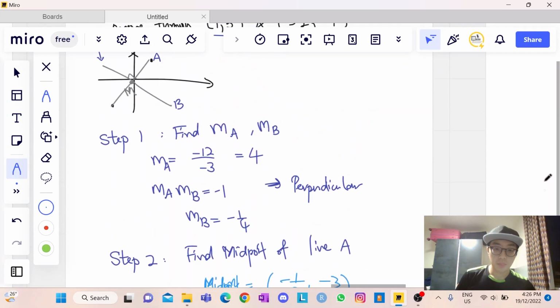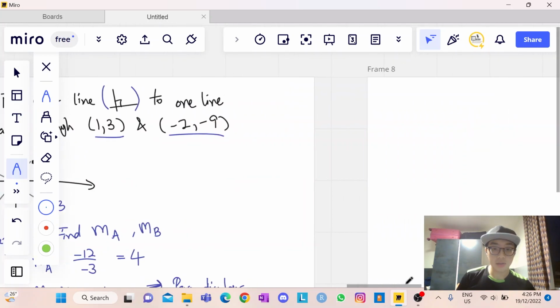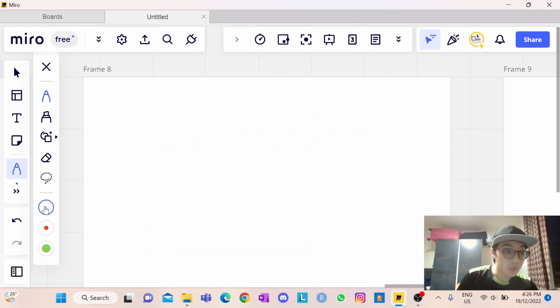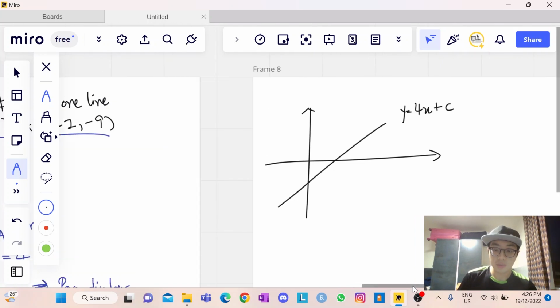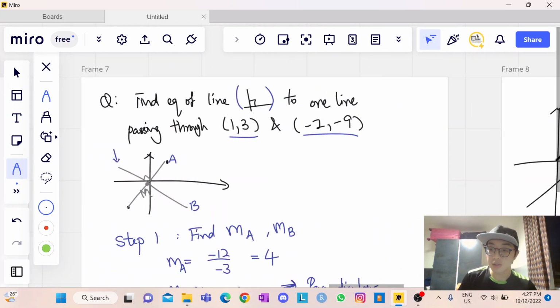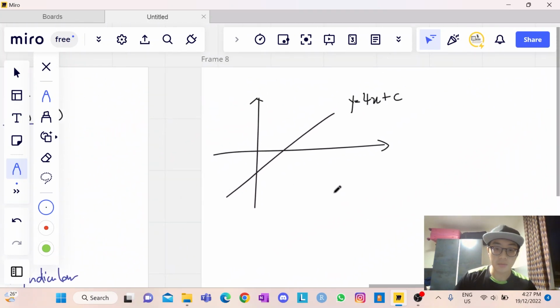For this part right here, we already found that this equation, y equals 4x plus c, okay, because as you can see here, MA is 4 and MB is -1/4.